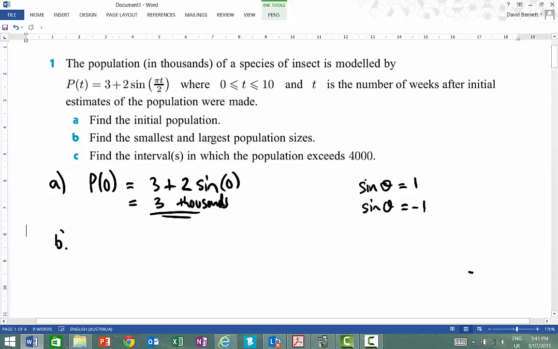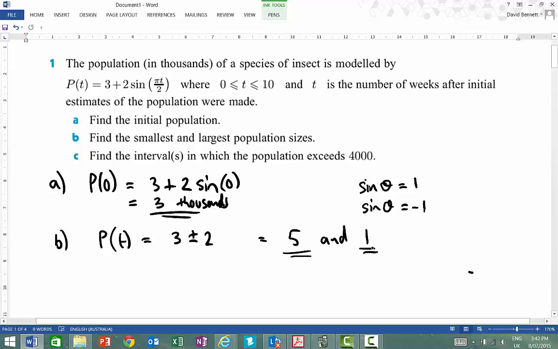For part B, the population P of t is going to fluctuate between 3 plus or minus 2, isn't it? So that's going to be 5,000 and 1,000. So our population is going to be somewhere between those values.